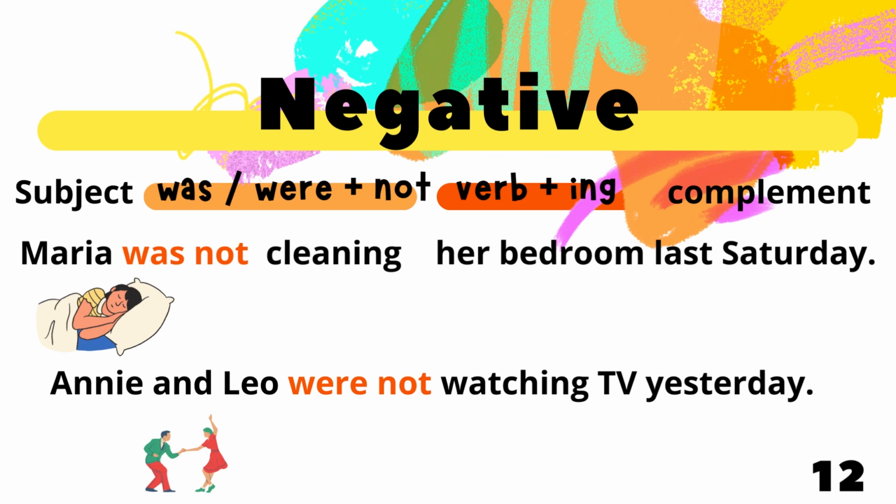But you can use a contraction and you can say Maria wasn't cleaning her bedroom last Saturday. Annie and Leo were not watching TV yesterday. Or you can use the contraction and you can say Annie and Leo weren't watching TV yesterday.